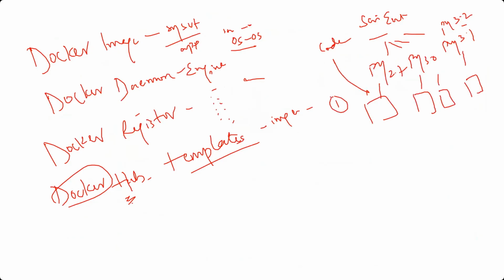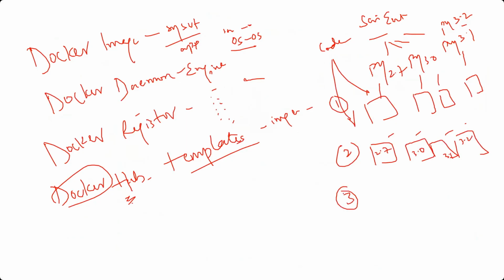This is one approach. The second approach is to create a VM. Don't buy machines; you have virtual machines, so that it has 2.7, 3.0, 3.1, 3.2 and you run the code and check whether it is working or not. But in case of Docker, a container approach, you don't need virtual machines either.